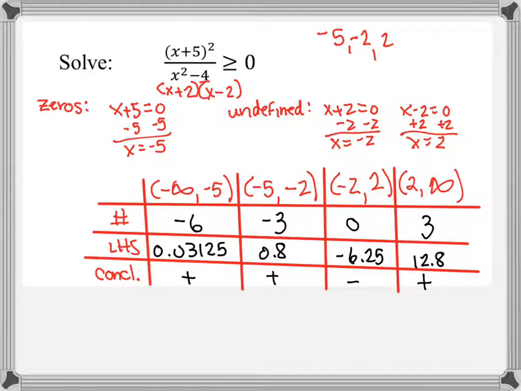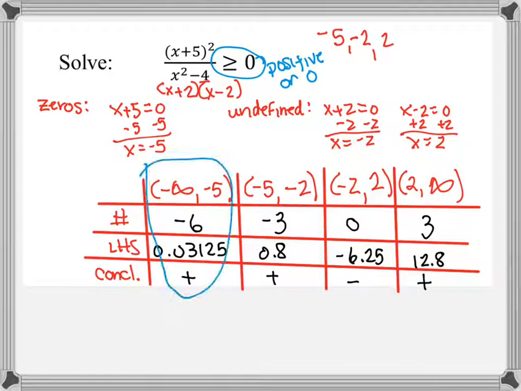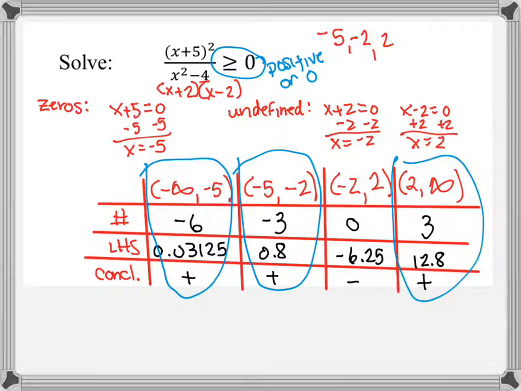And looking back at the inequality, we are interested in where it is greater than or equal to 0, so positive or 0. So the first interval, the second interval, and the fourth. We do need to be mindful of which of the values include a zero versus an undefined value.